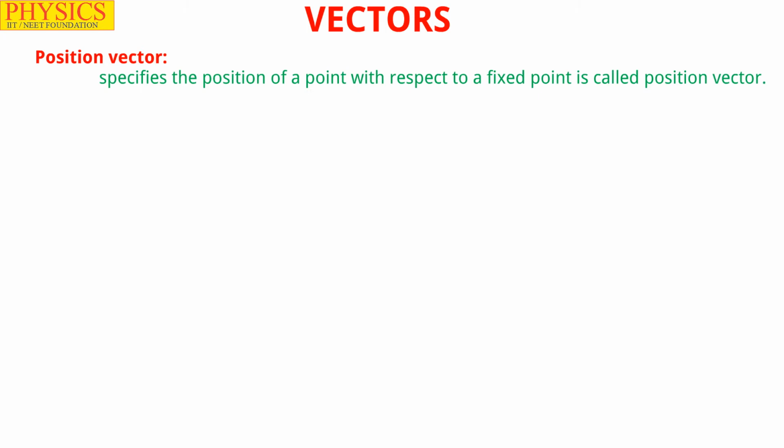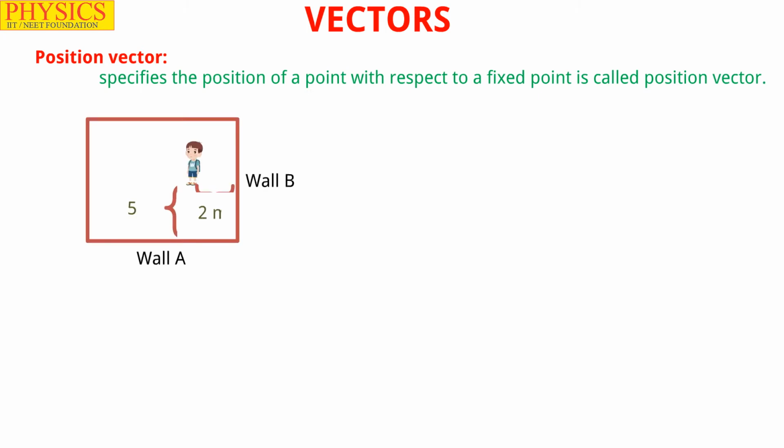Suppose Ramu is in your classroom. How can we locate him? Simply we say from wall A he is 5 meters and from wall B 2 meters.